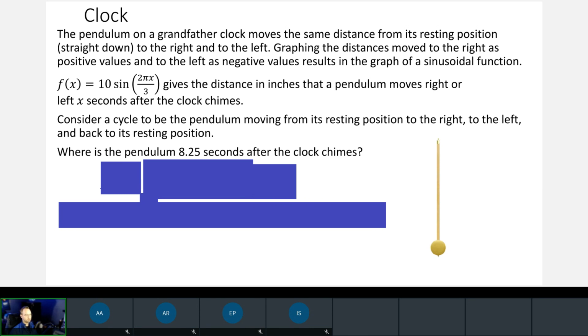X is seconds, correct. Twenty seconds left.